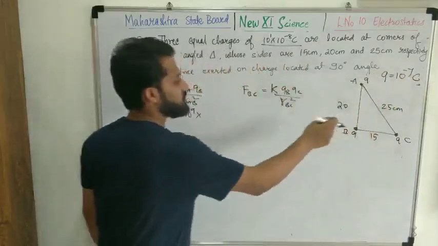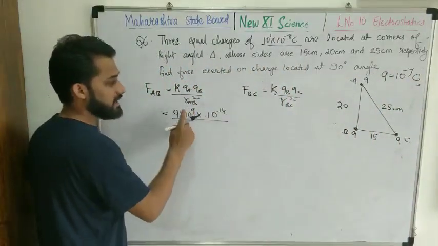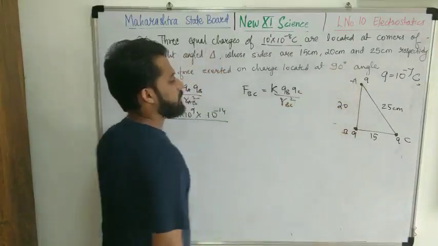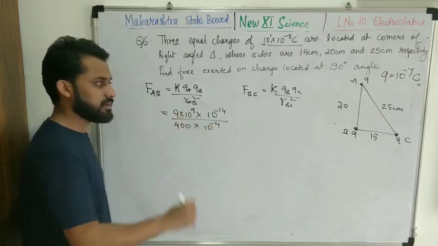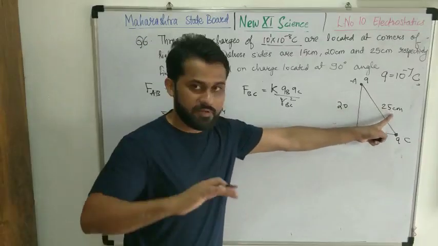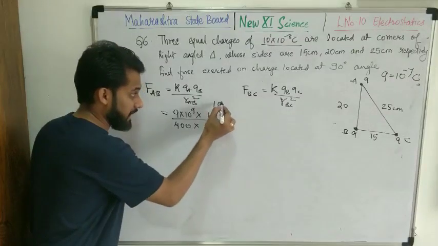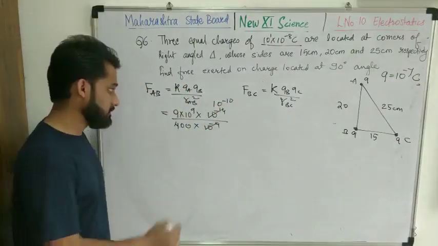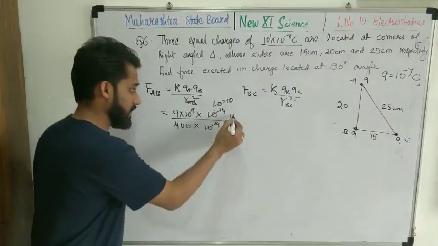So charge A into charge B, if I multiply, it will become 10 raised to minus 14 upon RAB, that is the distance AB, squared. It is 400 into 10 raised to minus 4, because it is in centimeters, and when you square centi, it becomes 10 raised to minus 4. So 10 raised to minus 4 and minus 14 will give you minus 10. 10 raised to 9 times 10 raised to minus 10 is 10 raised to minus 1.